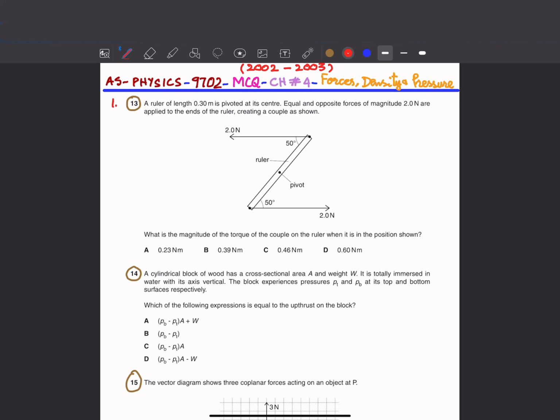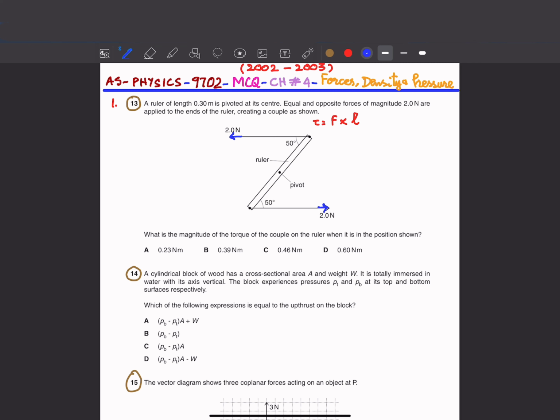Consider the couple, or torque of a couple, which is nothing but a force, one of the forces, multiplied by the perpendicular distance from the pivot. In this case we have two forces in opposite directions, not acting at the same point, and they are equal forces, so they are giving us a couple of forces.